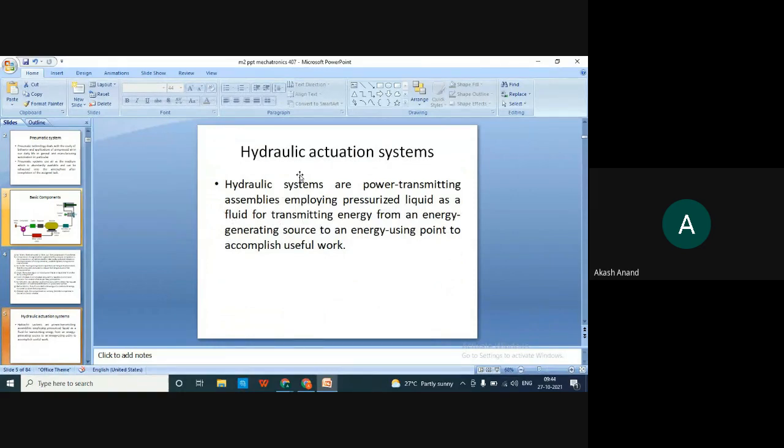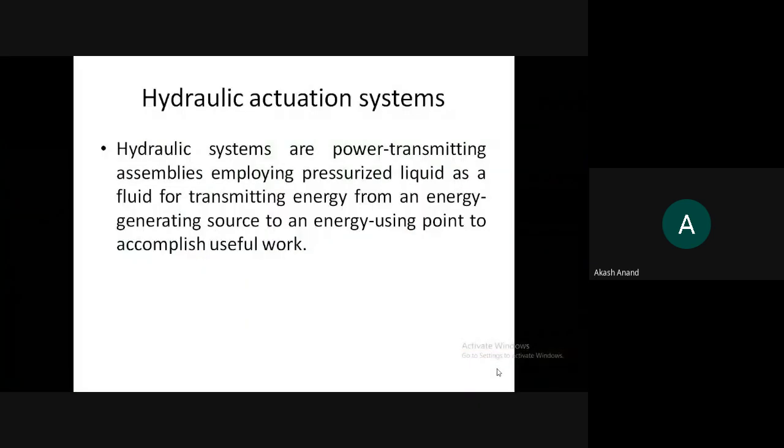I already gave a brief idea about this type of actuating system. Hydraulic actuation systems are power transmitting assemblies employed using pressurized liquid as a fluid for transmitting energy.